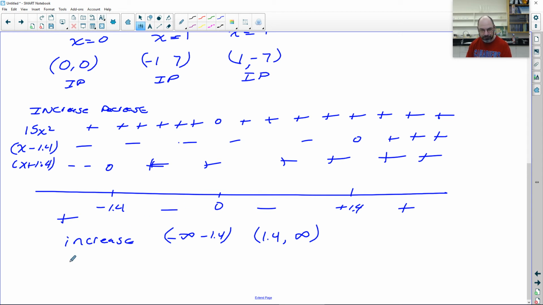And we've got decrease. If we do the decrease here, we've got a decrease from negative 1.4 to positive 1.4.